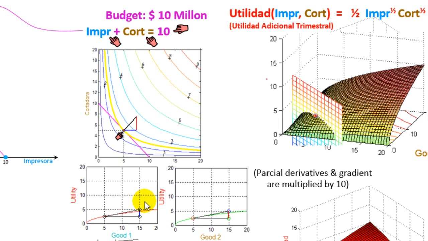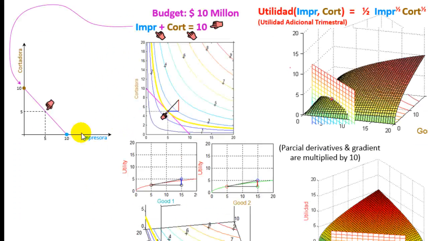Here the partial derivatives are the same because the function is symmetric. We are taking the particular case where the prices are 1 and the exponents are the same.